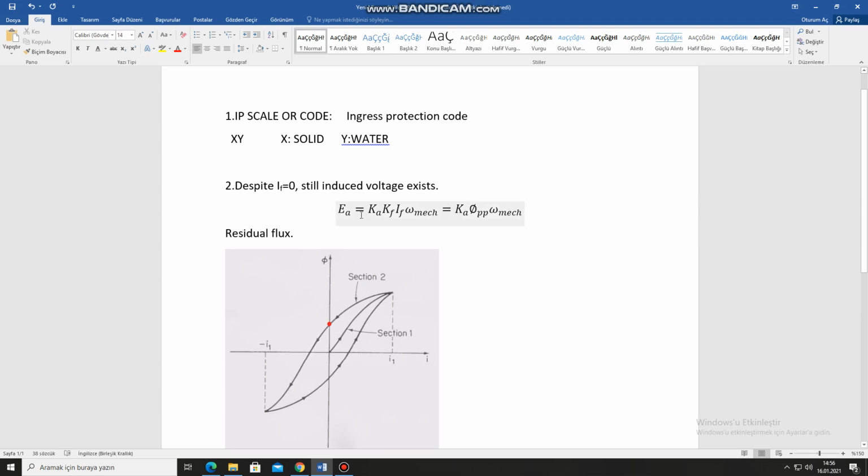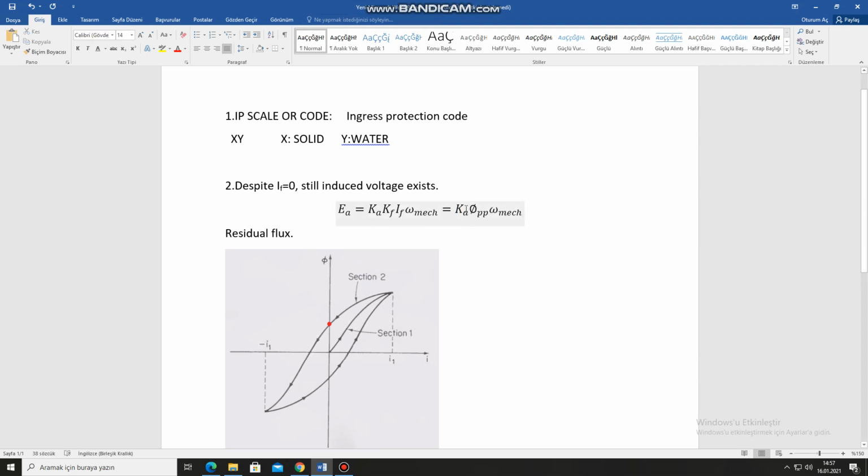And if you remember the back EMF equation, it's equal to K sub A, which is the armature constant, K sub F, the field winding constant, I_F, and omega mechanical. This is valid for the linear region, but when we make I_F 0, we still have some flux, so it's better to use this equation.